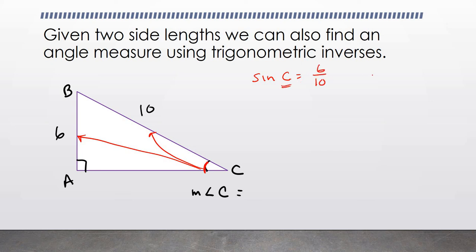When I'm missing the angle, I'm going to use the second key that says sine inverse. So second, and then if you push sine, just above that it says sine inverse. And I'm going to plug in sine inverse of 6/10. And what this does is it gives me the degrees for angle C.